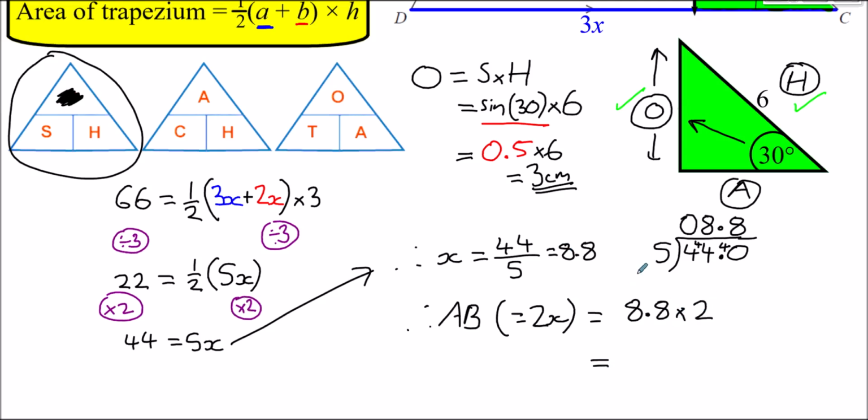I'd think of this personally as 2 lots of £8.80. 2 lots of £8 is £16. 2 lots of 80p is £1.60. So £16 plus £1.60 is £17.60. I'm thinking so much of money, I'm putting money as a symbol. That's rather stupid. 17.6. Don't forget the units. We're talking in terms of centimetres, so AB must therefore be 17.6 cm.